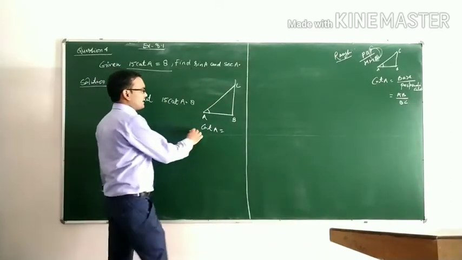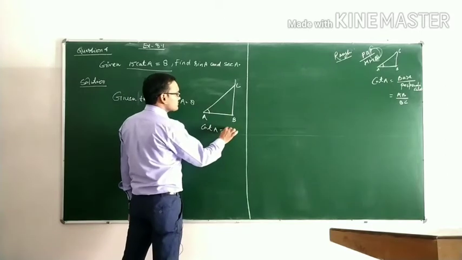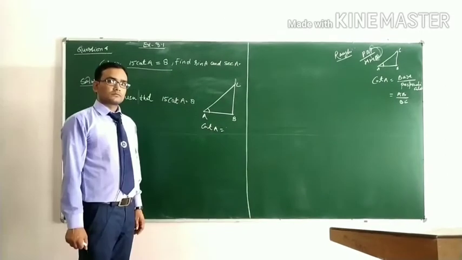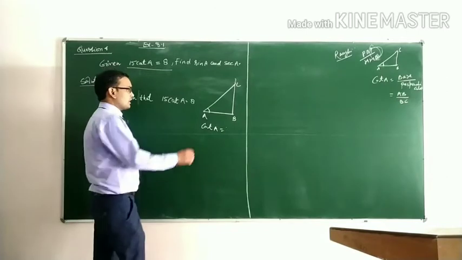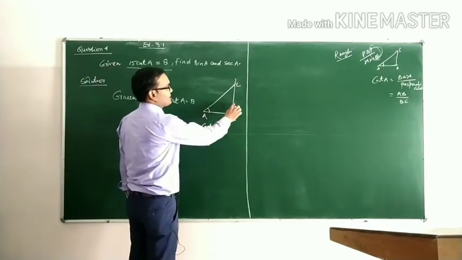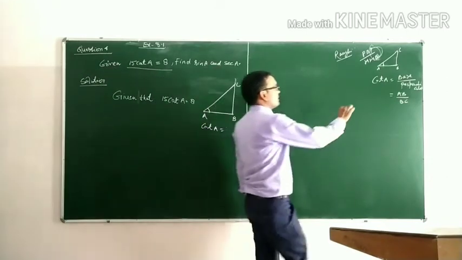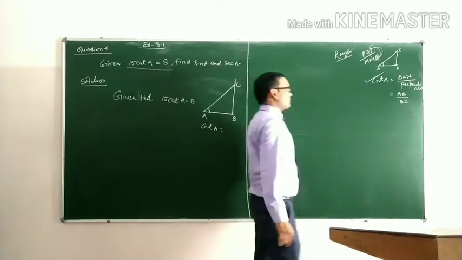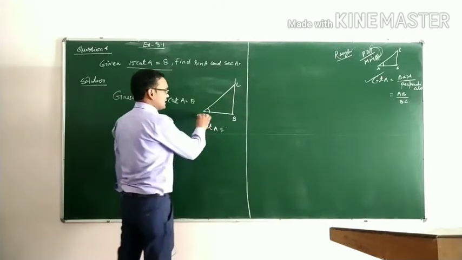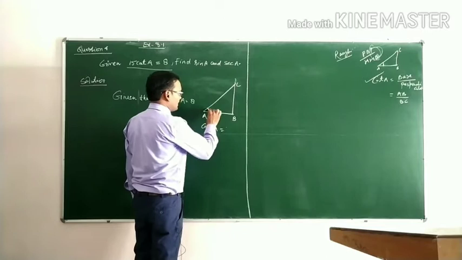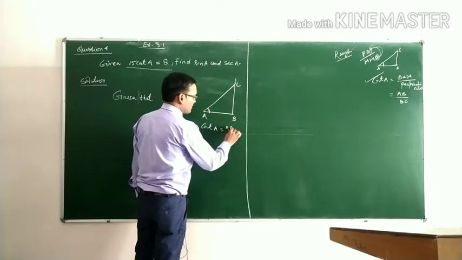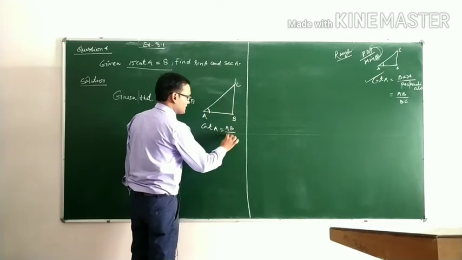Here cot A is equal to base upon perpendicular side. For angle A, base is the AB and perpendicular side is the BC.